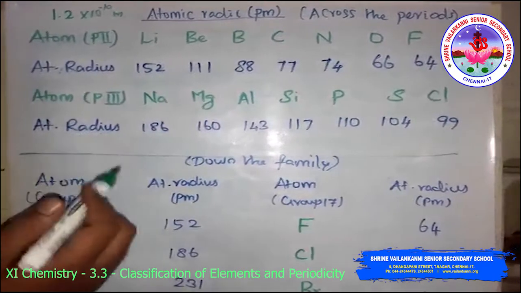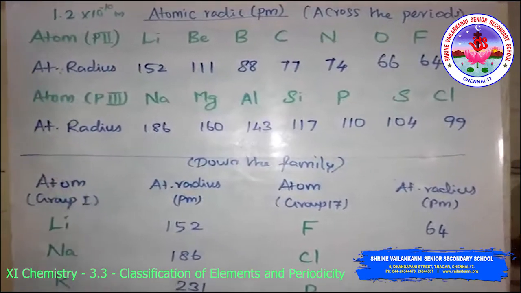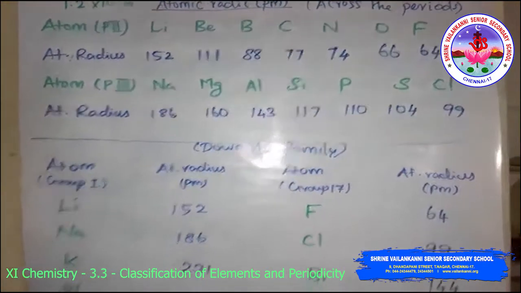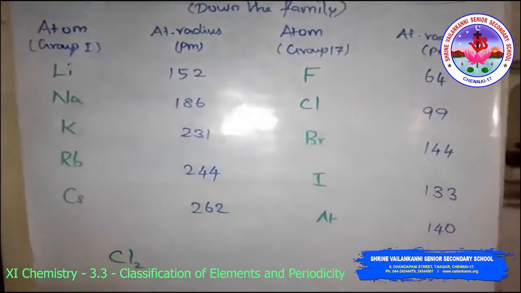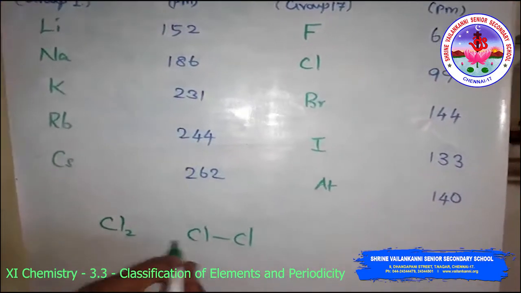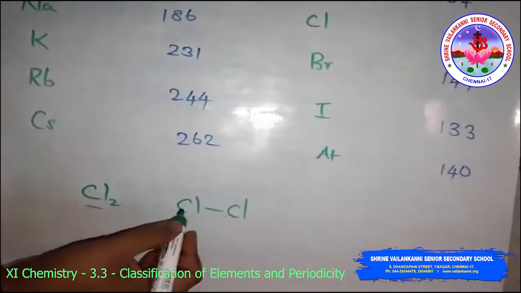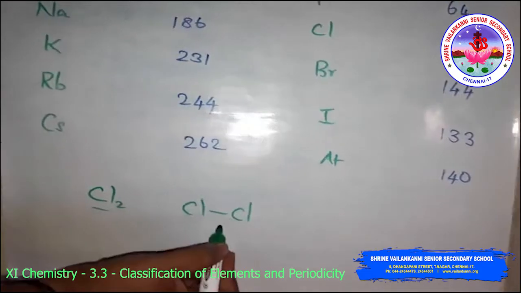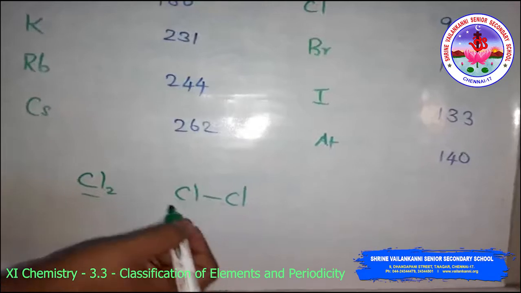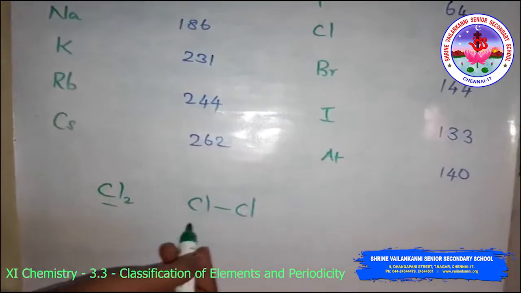For example, an estimate of the atomic size can be made by knowing the distance between the atoms in the combined state. For example, chlorine Cl2: in this combined state, the two Cl atoms have a covalent bond. This is also called the covalent radius, and chlorine is a non-metallic element.